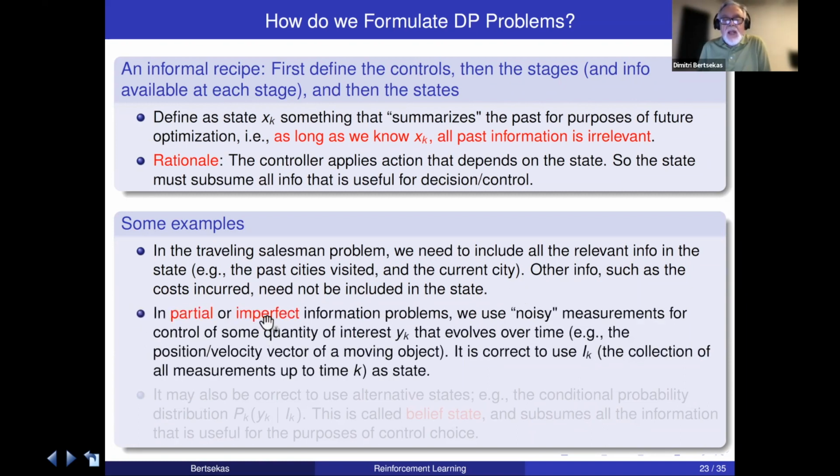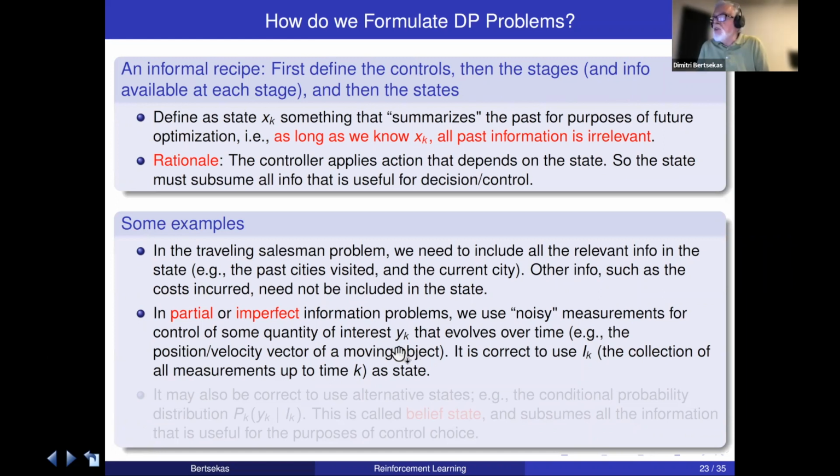Now, here's an important class of problems where what is state is a significant issue. These are the partial information problems or imperfect information problems, where there is some quantity of interest that you would like to introduce as a state, such as, for example, the position and velocity vector of a moving object.